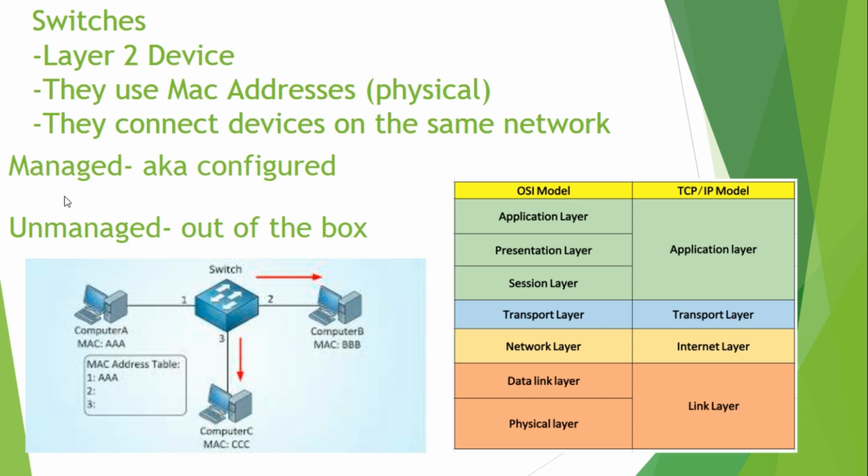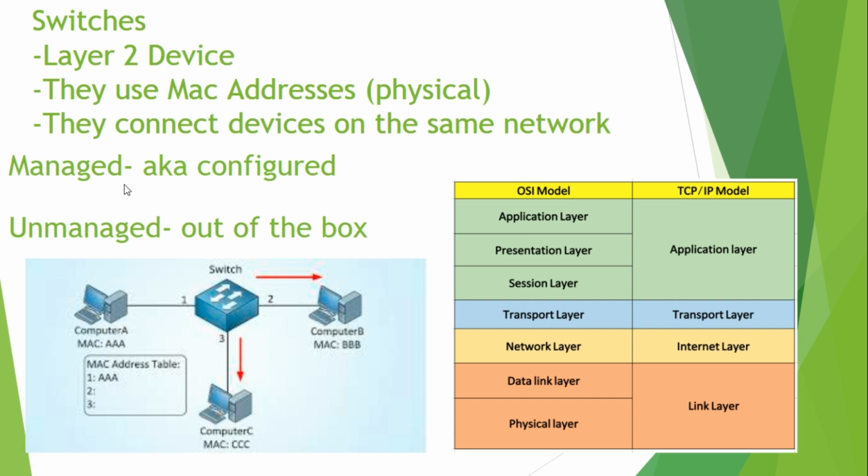CompTIA does want you to know the difference between a managed and an unmanaged switch. That's very simple. Managed means you've configured it. Okay, because if you buy a brand new switch from Cisco right now and it comes to your house, you can open the box and it's literally plug and play, and that would be unmanaged.